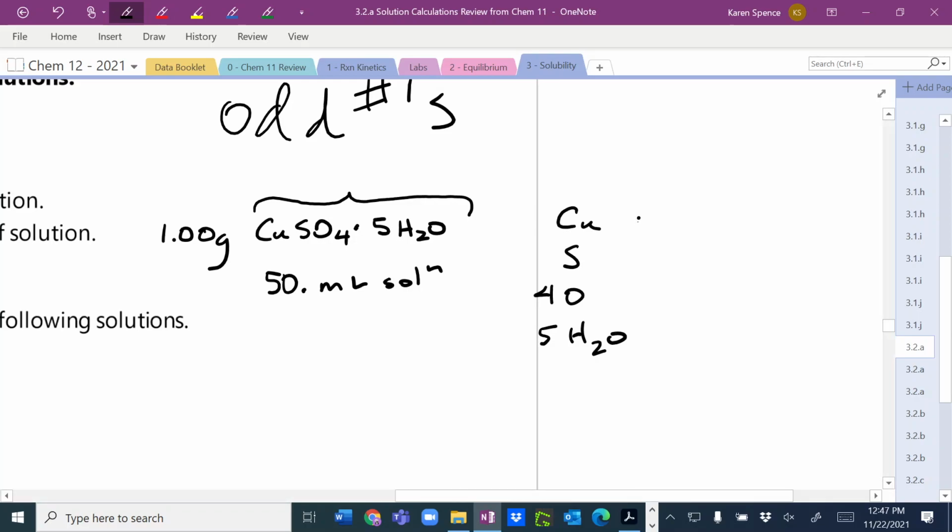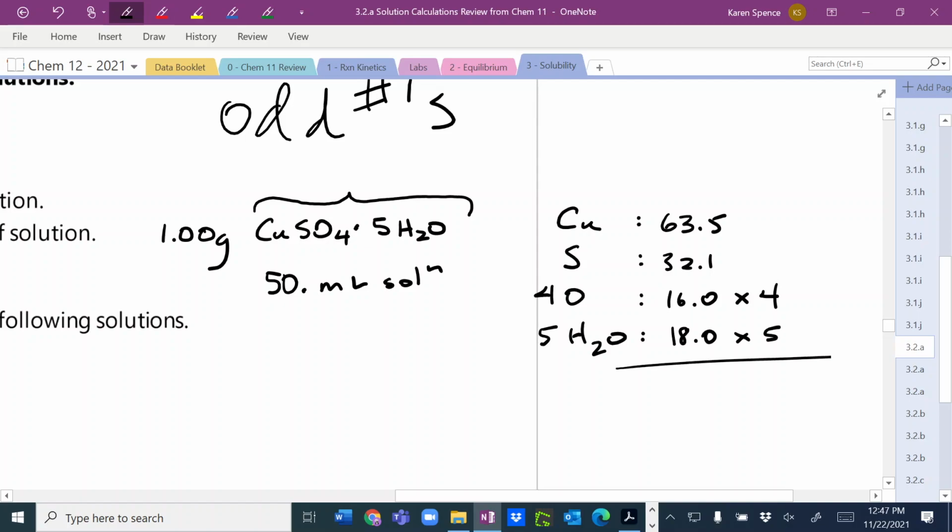Copper has a mass of 63.5. Sulfur is 32.1. Oxygen is 16.0, which we are going to multiply by 4. And water, I happen to know, is 18 because it's 16 and 2. So that's 18 times 5. So I'm going to take all of those and add them up. 63.5 plus 32.1 plus 16 times 4 plus 18 times 5 is 249.6.